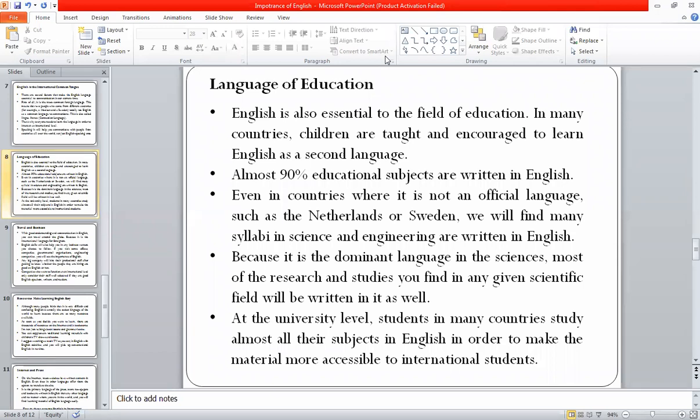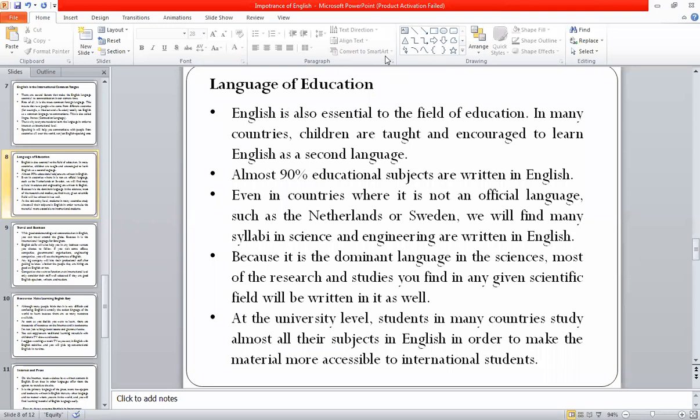They have used it because they want to reach students at any level of their understanding. Okay, so they want to reach the student at the university level. Students in many countries study almost all their subjects, meaning almost all of your subjects are written in English, in order to make material more accessible to the international students.